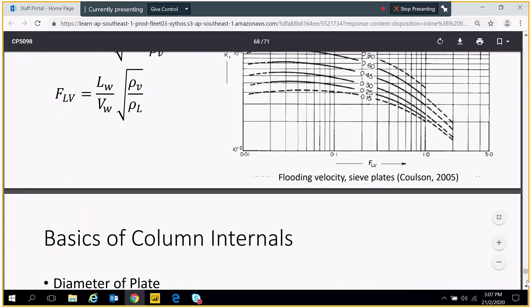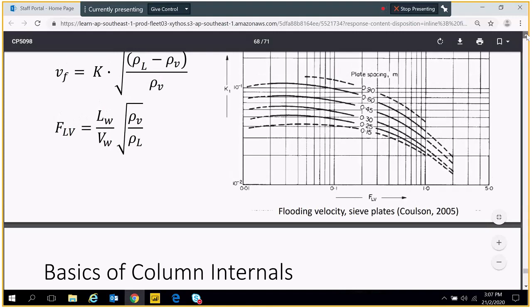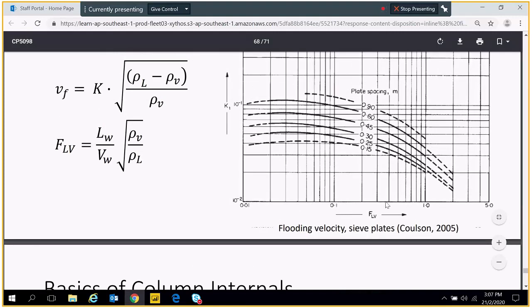If I have a vacuum distillation, I have a very high VW, so my FLV will decrease. It's over here, FLV will decrease, and in general the K is bigger.